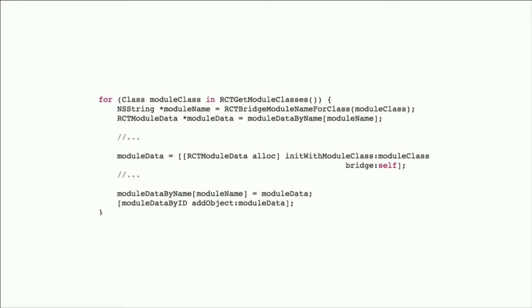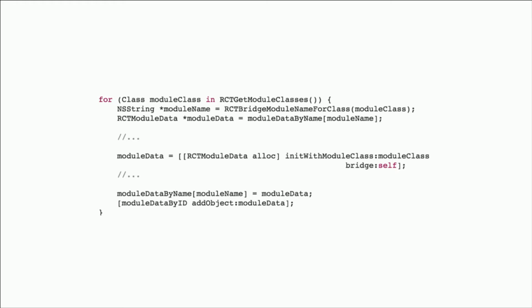If the module name is not specified in the first macro, which is RCT_EXPORT_MODULE, sorry, I think it's really confusing, but still, if you didn't specify any name there, it will take just the class name as usual. So once it iterates over these modules, it wraps them in the special RCTModuleData structure.